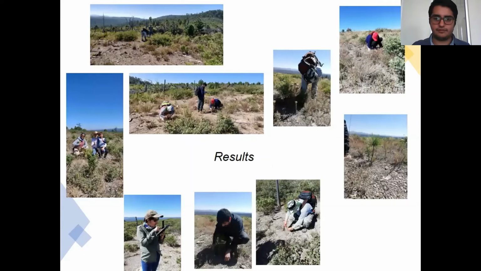Results, what we found in field. After we analyzed basal diameter, we didn't find any significant differences between hybrid and pure individuals. The species with the bigger basal diameter was Pinus engelmannii, but this is because of how it grows. It first focuses on the basal diameter, and then it starts to grow in height.